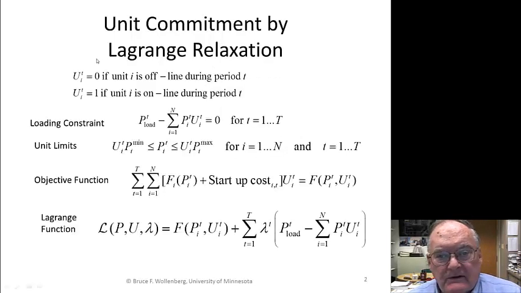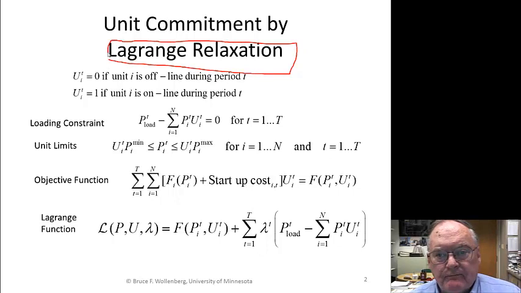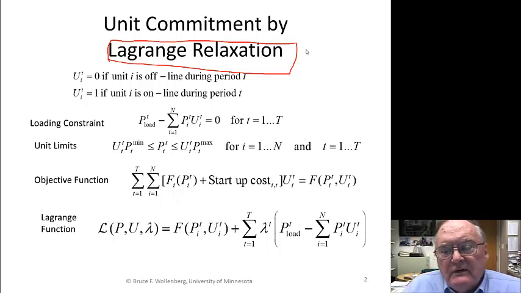Now, this lecture is going to start out with the topic of Lagrangian relaxation. This is a method of solving unit commitment that overcomes many of the difficulties, for example, that we ran into in dynamic programming. Remember that it can explode.